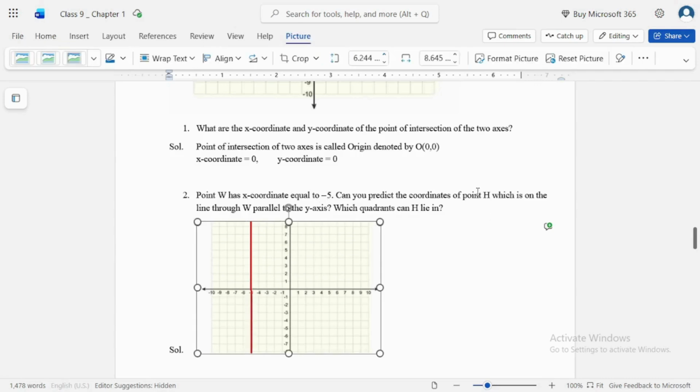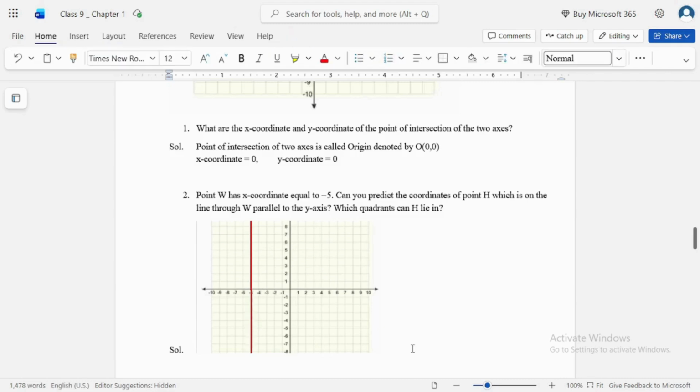So point H can lie anywhere on this line, which will be either in second quadrant or in third quadrant. Point H can lie anywhere on the red line as shown in image, which will be either in second or third quadrant.